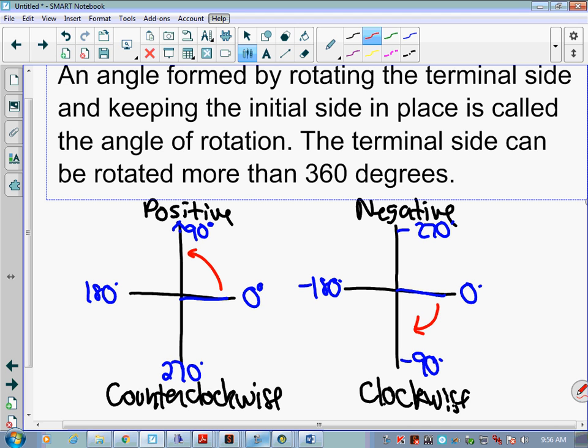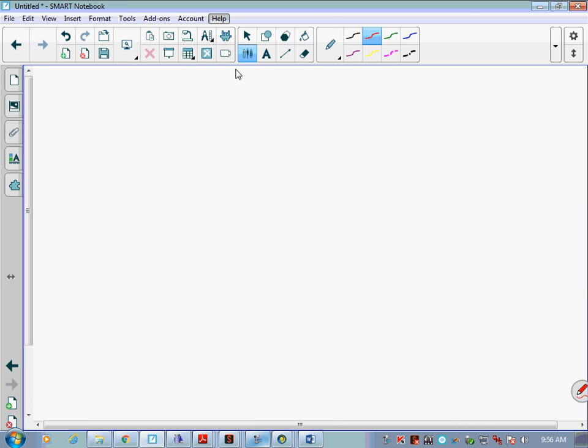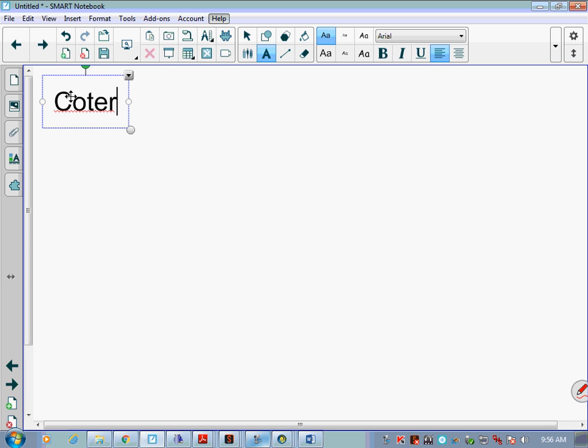All right, we do have one more bit of information before we get started here, and that is coterminal angles. Okay, coterminal angles, and then we'll have reference angles also.